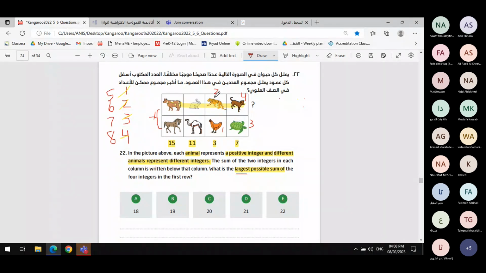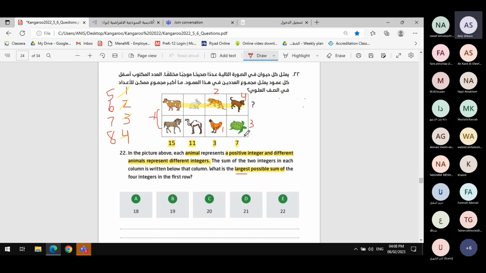So after assigning the 1 for the chicken, 3 minus 1 will be 2, so the tiger is 2. We used the 1 and used the 2, so we crossed them out and we went for the turtle. For the turtle, we can say 3 is the smallest possible integer that is left.